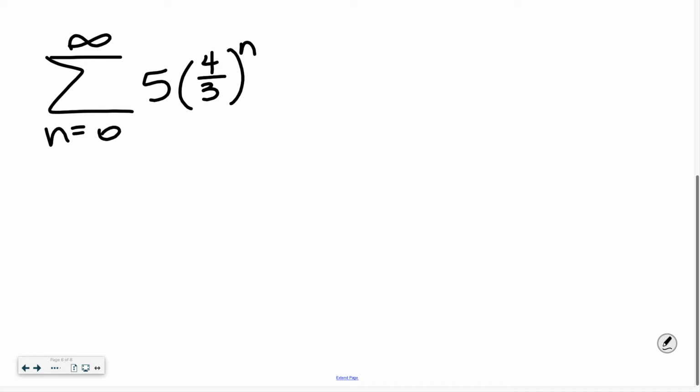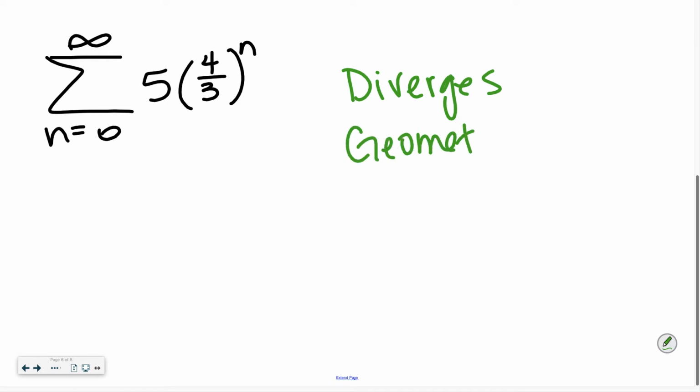Okay. It doesn't converge, so we say that it diverges because it's a geometric series where the absolute value of r is greater than or equal to 1. That is what you would put on your quiz on Monday.